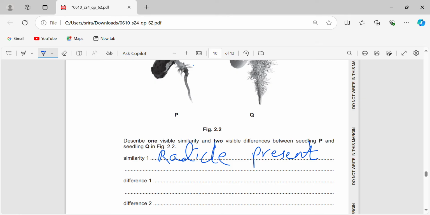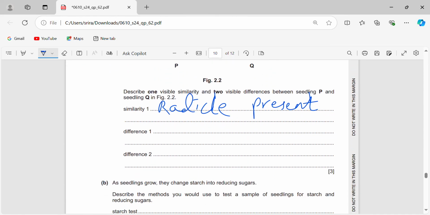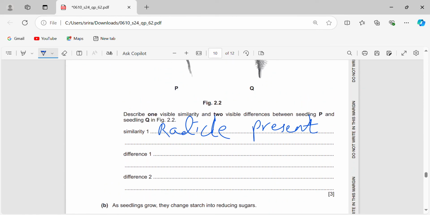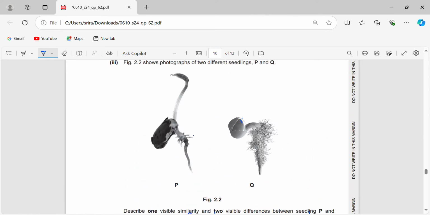And the difference that we have here is P has a plumule, whereas Q doesn't, but we don't need to write in like P has plumule, Q doesn't. We can just write P has a plumule. And the another one is the root hairs on Q are fibrous.